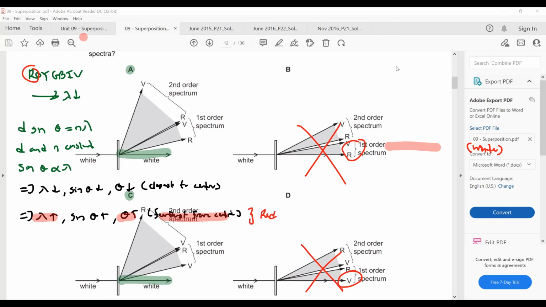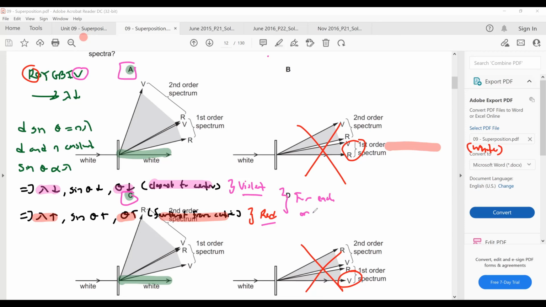If you have the smallest wavelength, giving you the smallest angle, you will be closest to the center. This one will be violet. So when you compare between A and C right now, the one that should be closest to the center must be violet. The one furthest from the center must be red, for each order number.